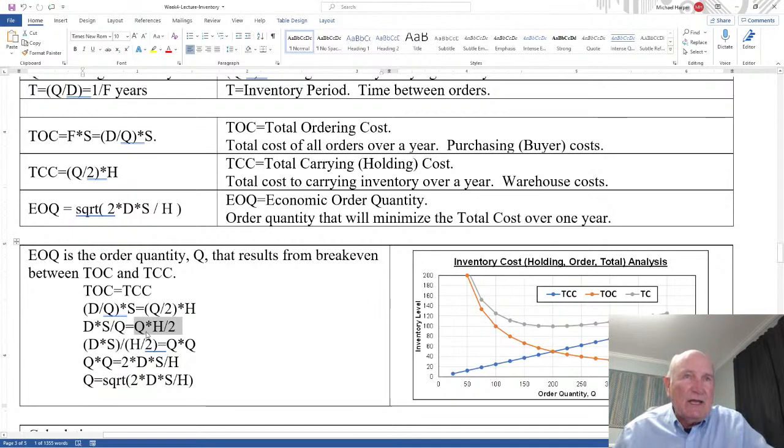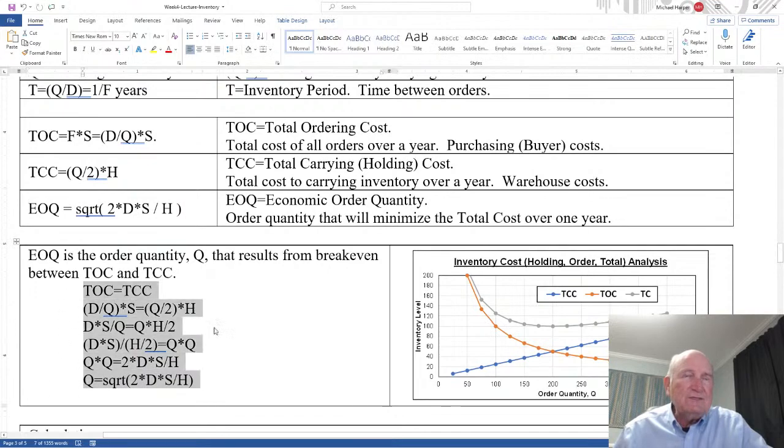Then I divide through by H over 2 and multiply through by Q. So I bring this Q over here, I bring the H over 2 and divide. Then I have Q times Q on the left-hand side, and I bring the 2 into the numerator, 2 times DS over H. And then I take the square root of both sides, and there's my equation.